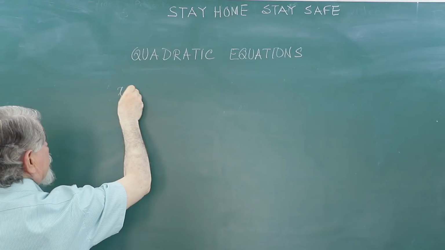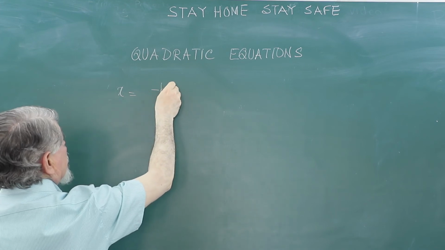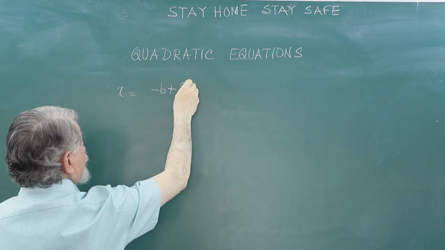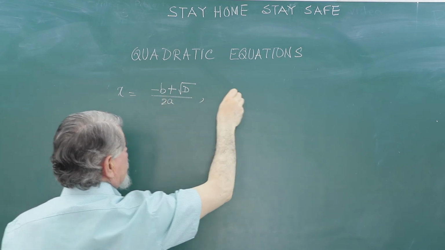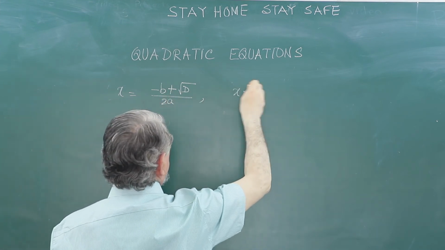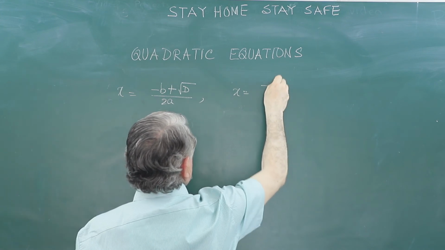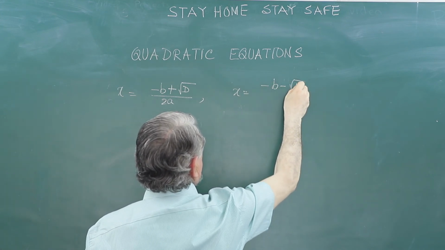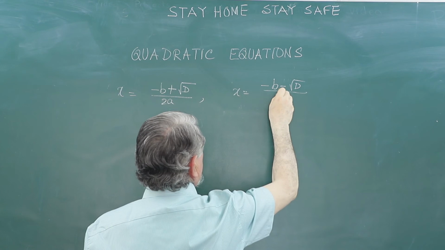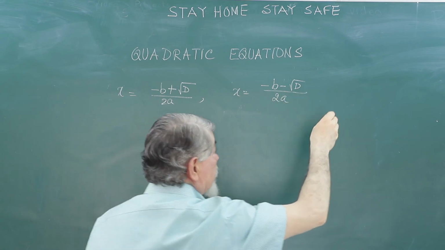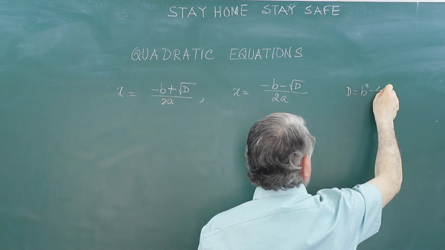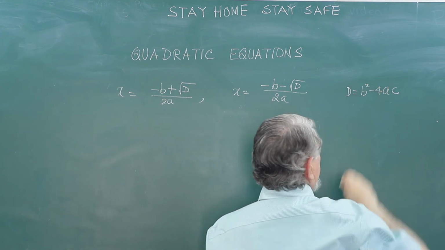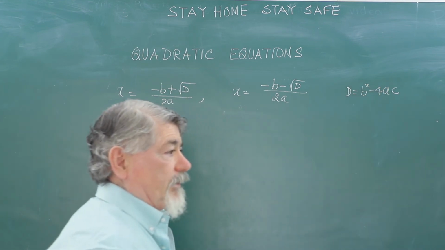We took out the roots of the quadratic equation. Like x was equal to minus b plus under root D upon 2a, and another root was minus b minus under root D upon 2a, where D is b square minus 4ac.